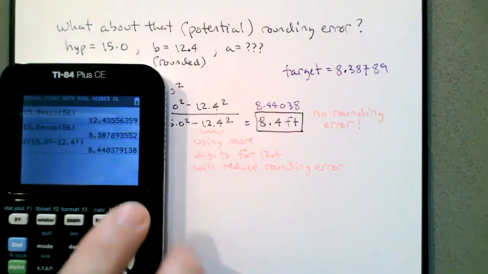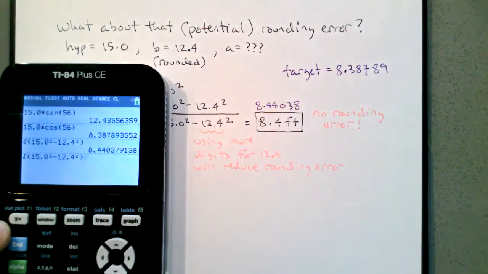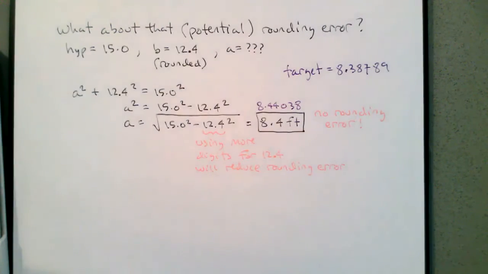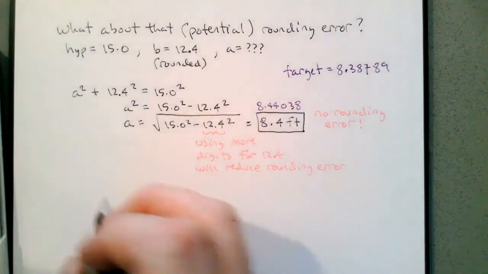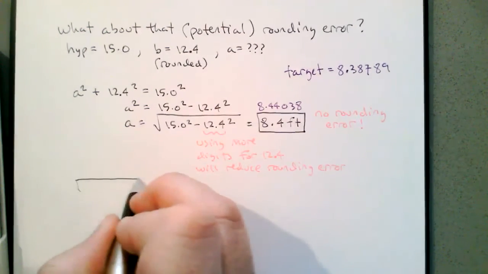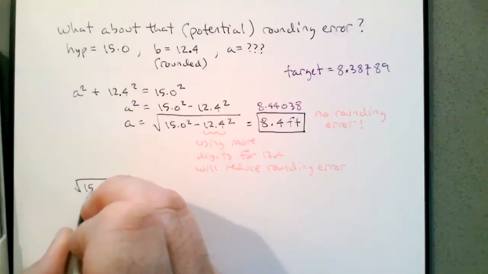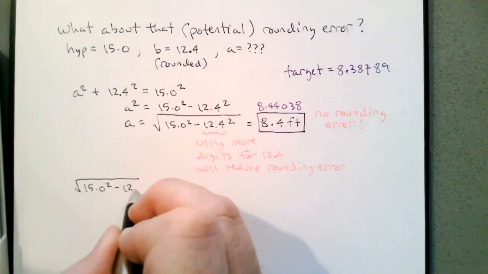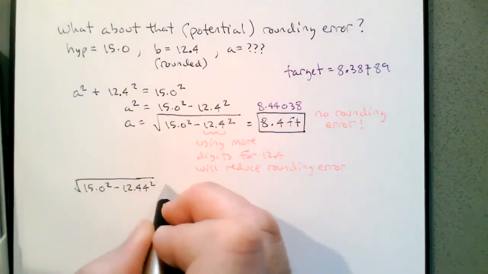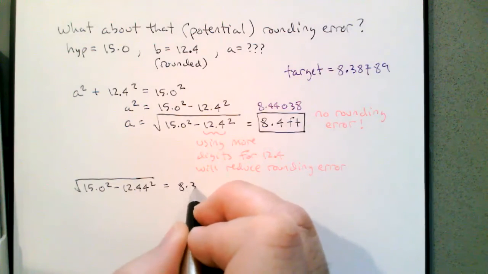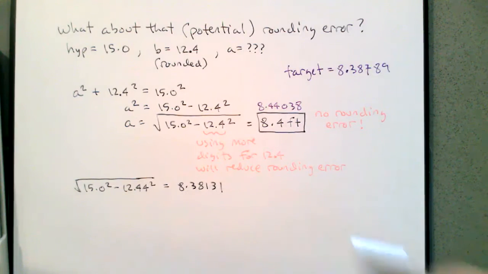But if I redo this calculation, instead of with just 12.4 squared, I go with 12.44 squared, and I round that to the nearest hundredth. Then I get 8.38131. So if I do 12.44, I'm closer to the target.